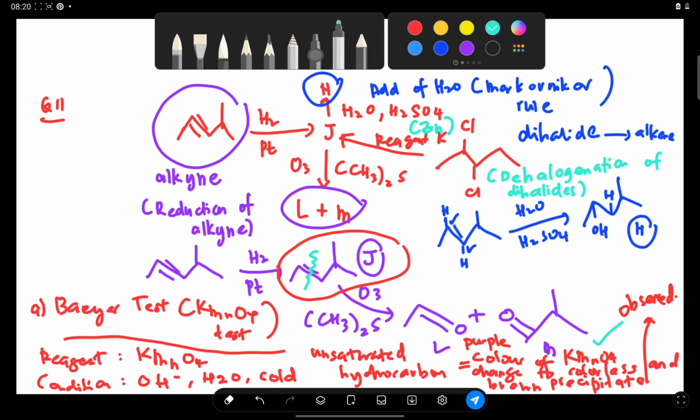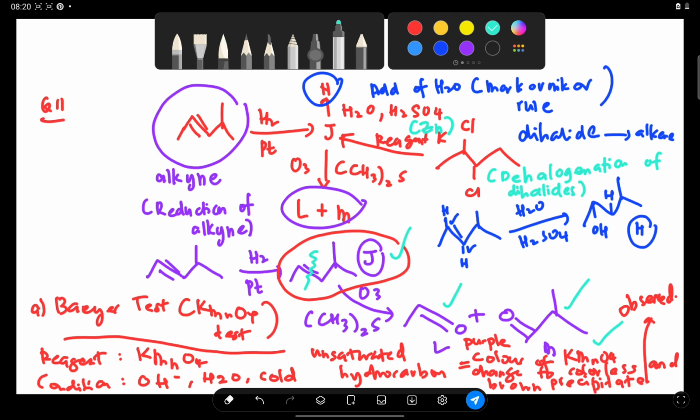Then, illustrate the structural formula for compounds J, L, M and N. You already saw J, L, M. Where is N?